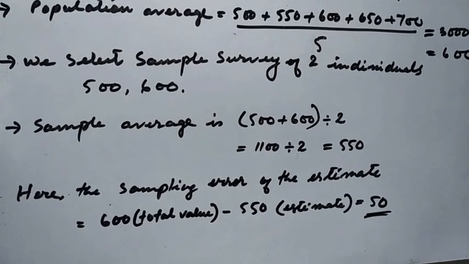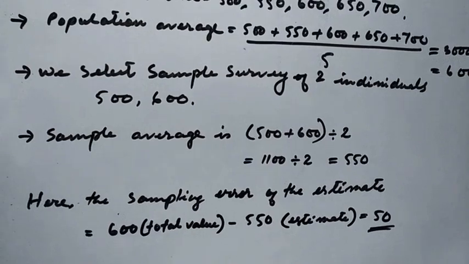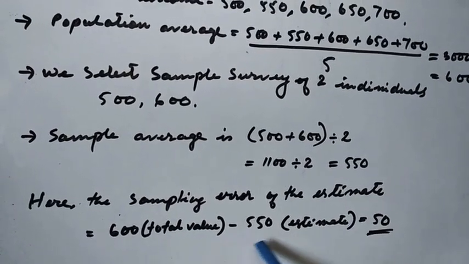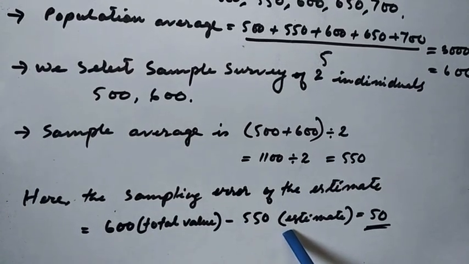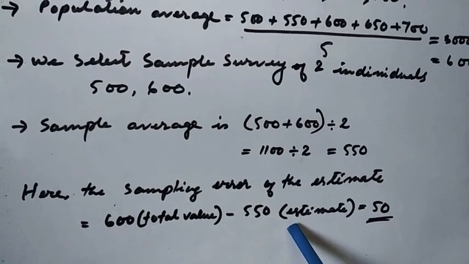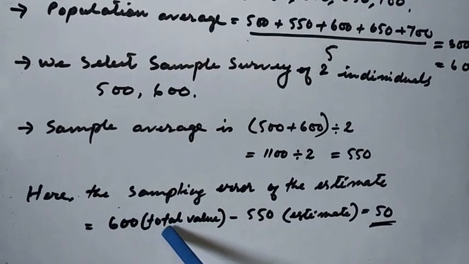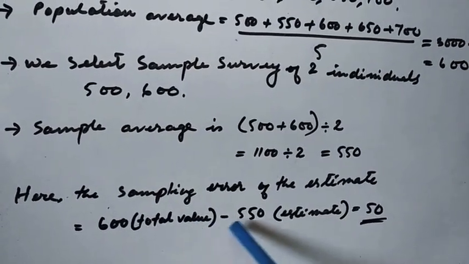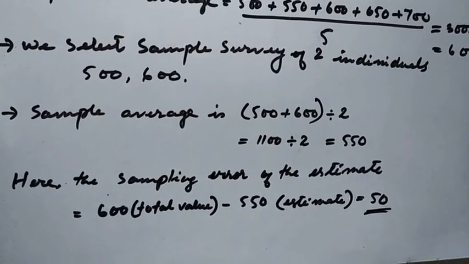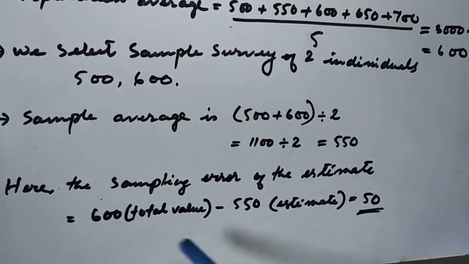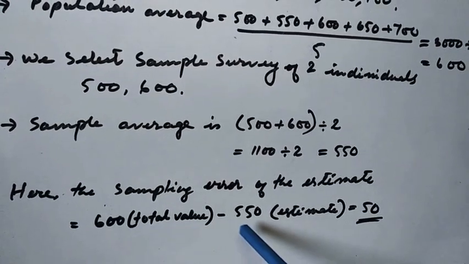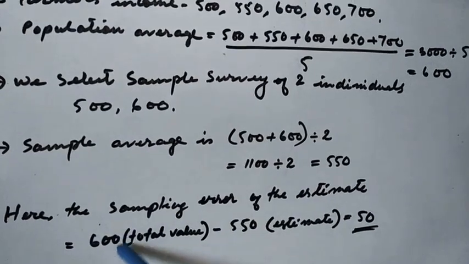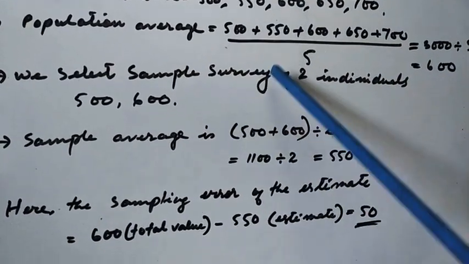So what is the sampling error here? It is the difference between the total value and the estimated value of the sample survey. 600 is the total value when considering the whole population, and 550 is the estimated value when we take the sample.